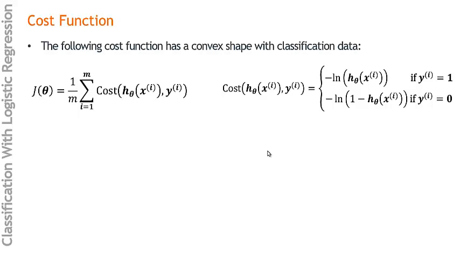Now a cost function that meets all these criteria can be specified as follows. We have a cost function here that is a sum of the costs from each individual data item. Actually, it's an average because we're summing over m and then dividing by m. And then the cost for each individual data item is given by this specification.